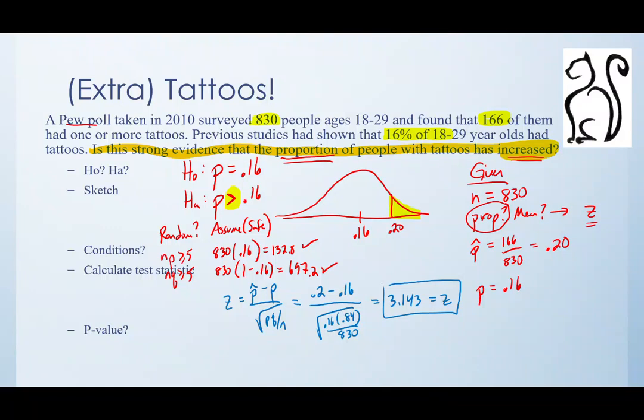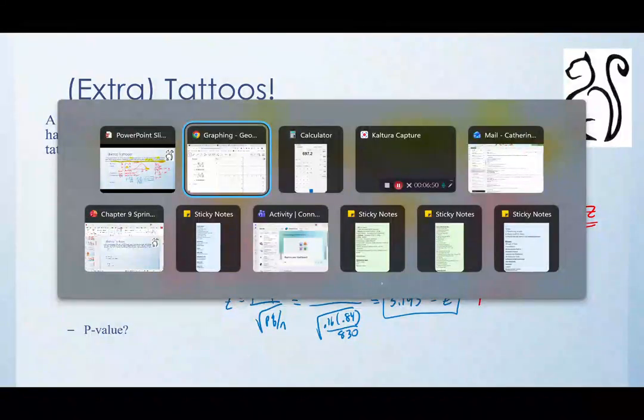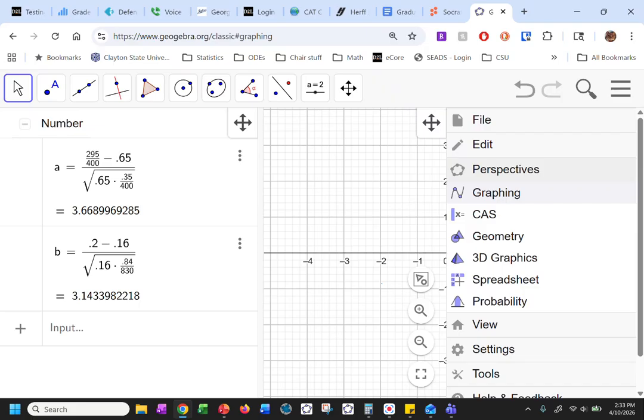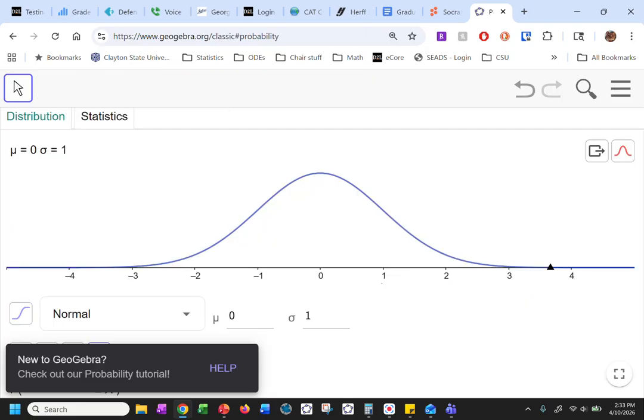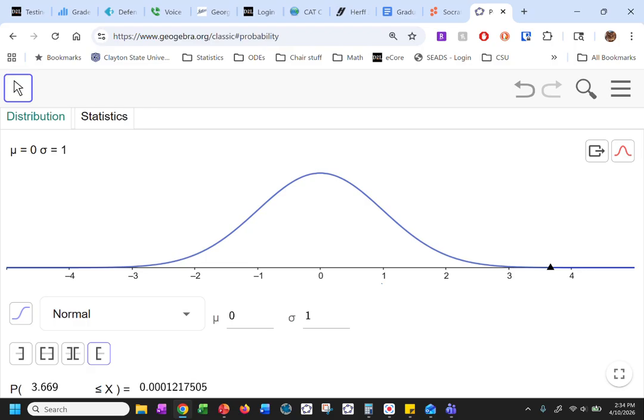Now we need to find our p-value. And so we're going to go back to GeoGebra. We are going to go to the probability calculator. We have a greater than for our alternate hypothesis, so we're going to make sure we have that right-tailed selected. And we're going to put in our z-score 3.143. And so again, our p-value is pretty small, 0.0008.